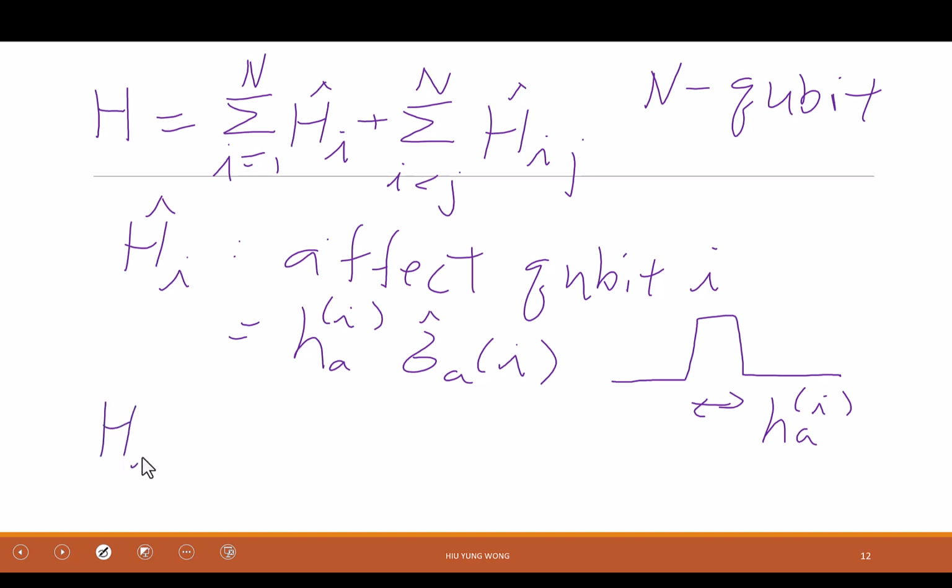For H_ij, the 2 qubit gates, we won't discuss here, and it is very difficult. And in principle, this is an active research area, right? How to control 2 qubits, particularly for entanglement gates with high fidelity. But in general, you can say this is like U_AB, which is again a scalar, right?